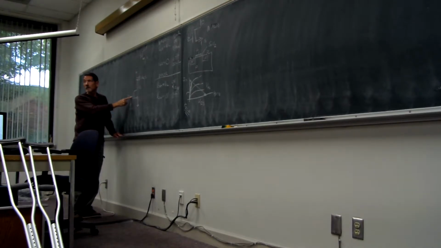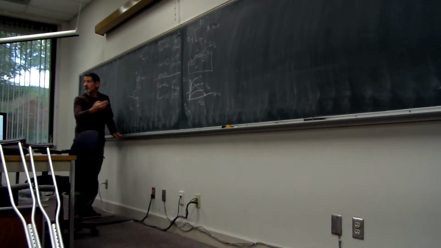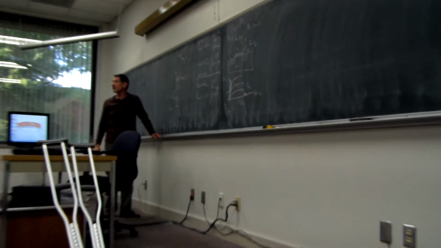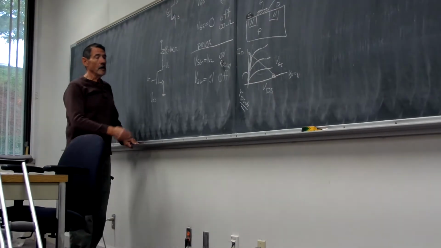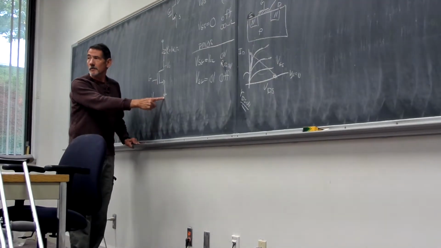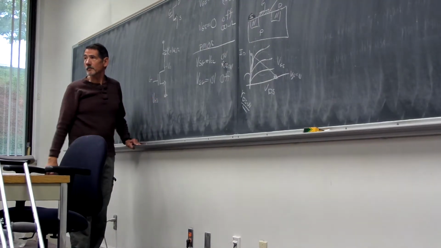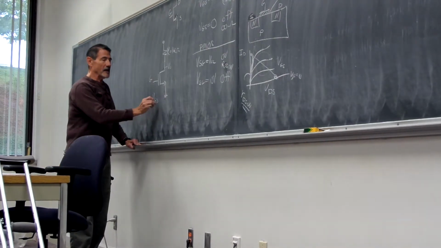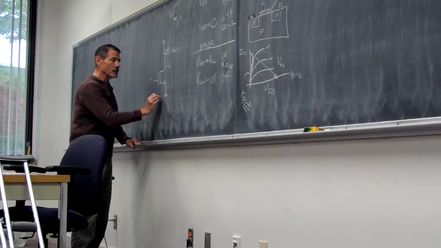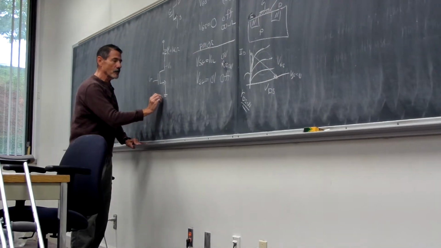This guy, big G says it's the gate. This must be the source. The source is always associated with the arrow, right? Okay. So what voltage is at the source? Ground. It's just ground.